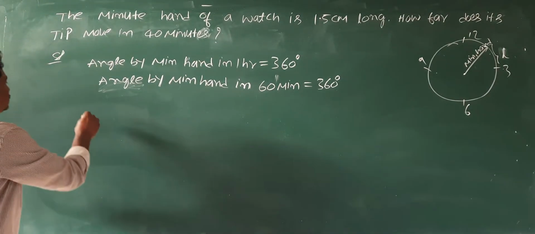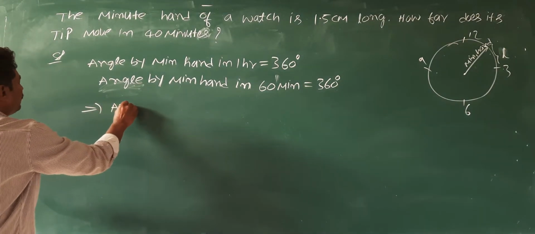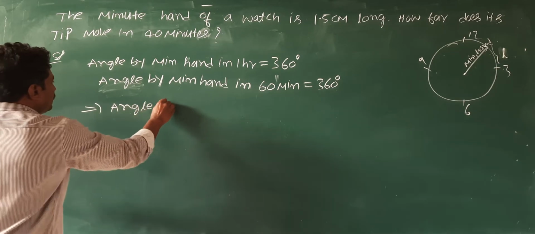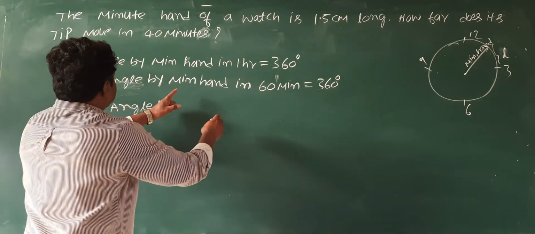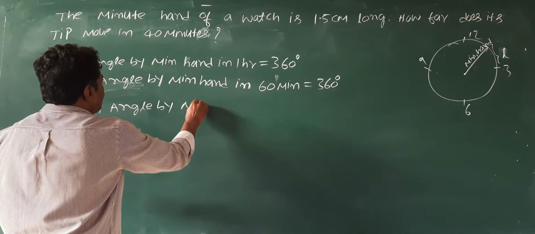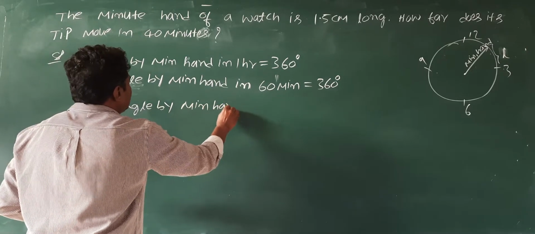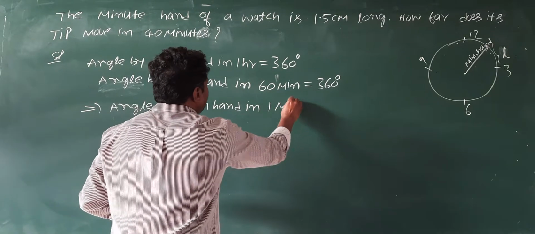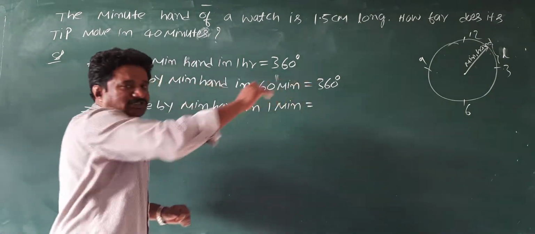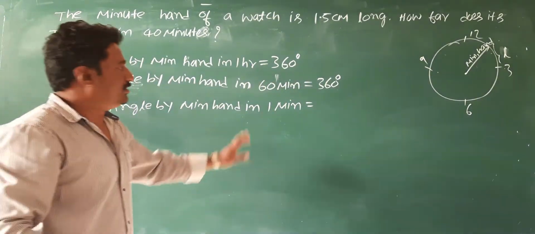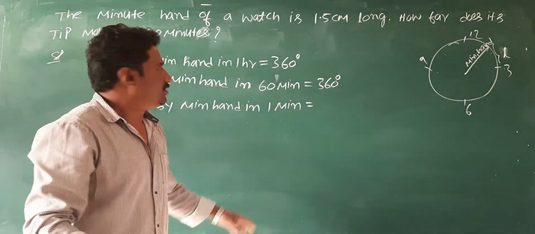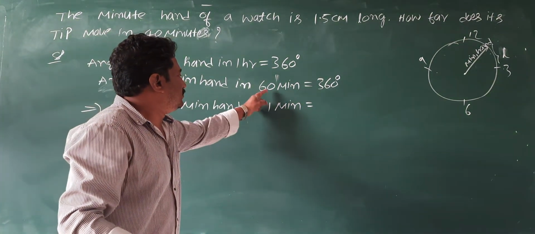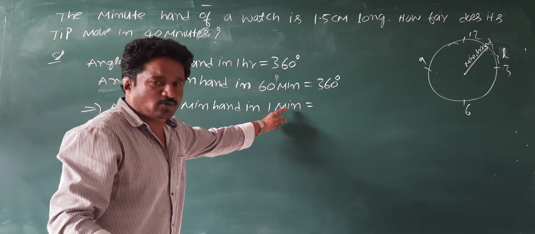So this implies angle by the minute hand in 1 minute. So divide both sides by 60. If I divide 60 by 60, I am going to get 1 minute.